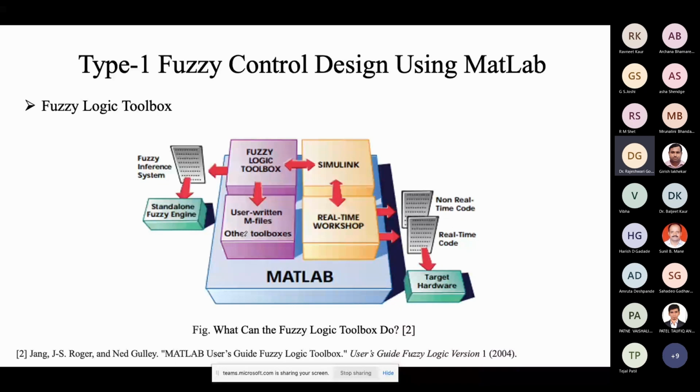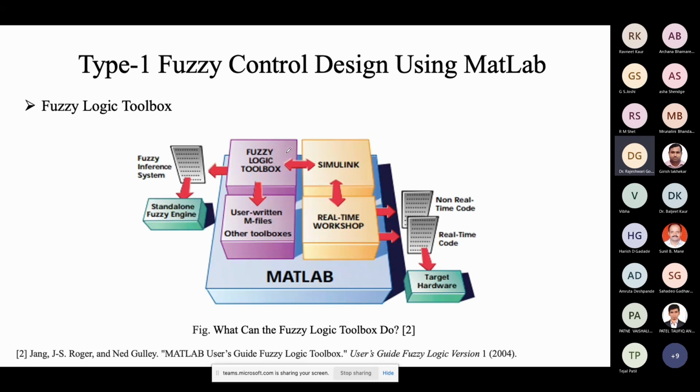Before going to the robot with MATLAB, we must understand how the fuzzy logic toolbox works in MATLAB. This is your MATLAB, and it has Simulink, and in this section we have the fuzzy logic toolbox.